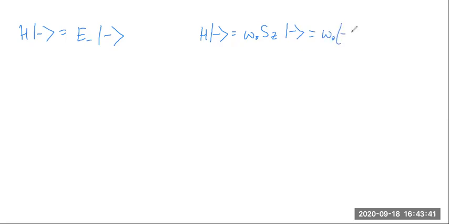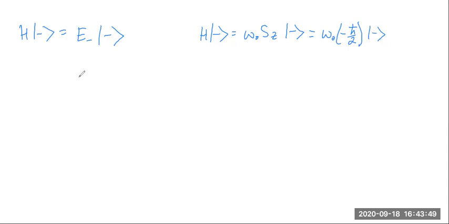I can then look at E minus, the spin down state. Here I have the Hamiltonian acting on spin down. I should get the energy for the spin down state times that state again. Remember that the Hamiltonian is equal to omega naught S z acting on the spin down state, and this is omega naught times minus h bar over 2. That's the eigenvalue acting on the spin down state.